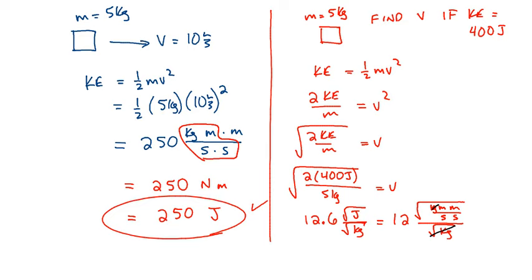So I've got the square root of meters squared, which would be 12.6 meters, sorry, I lost my 12.6 there, and the square root of seconds squared would be seconds. So 12.6 meters per second. We were expecting a velocity that should come out in meters per second. It did. Everything's good. So kinetic energy is a very simple concept, very easy to work with. If they give you all the numbers but one, you can certainly find that number, whatever it may be.